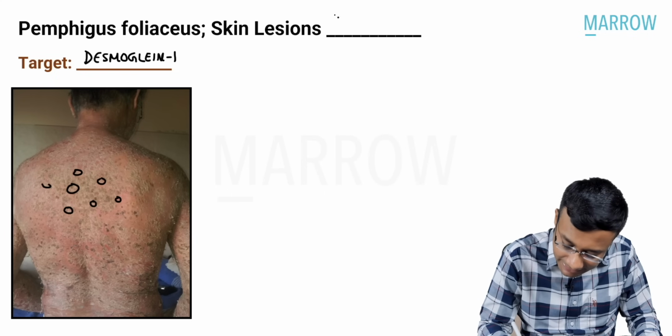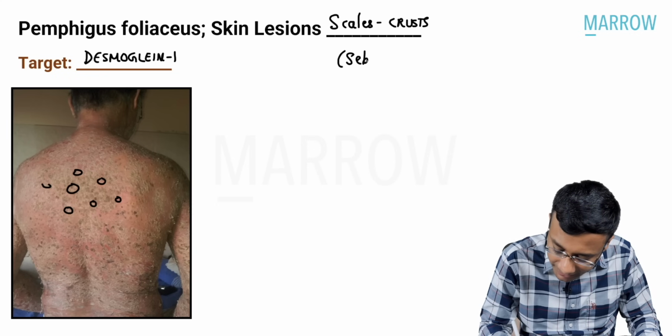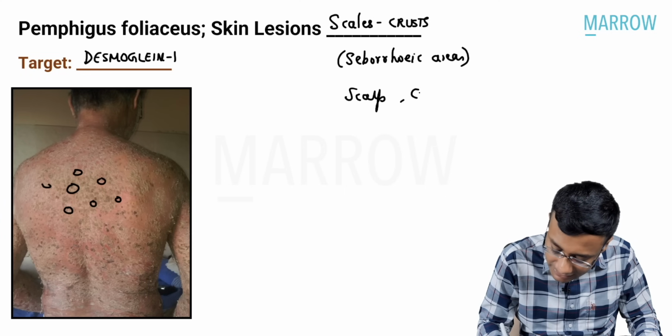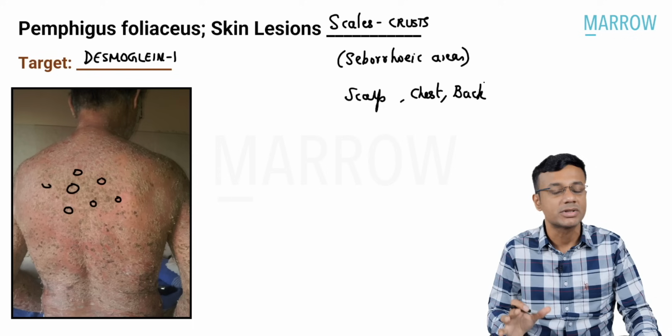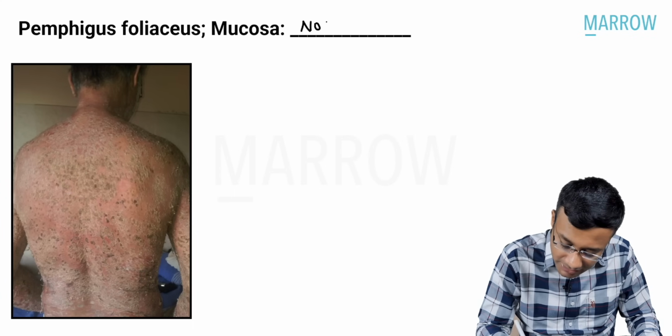So you're getting scales and crusts, and the distribution is predominantly over seborrheic areas. Seborrheic areas means you're going to have involvement of the scalp, chest, and the back. And I've already mentioned to you that mucosal involvement is not there in pemphigus foliaceus. Very, very important. Mucosa is normal.